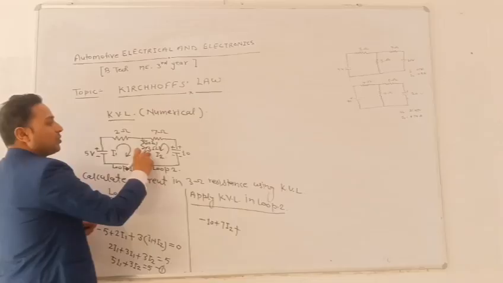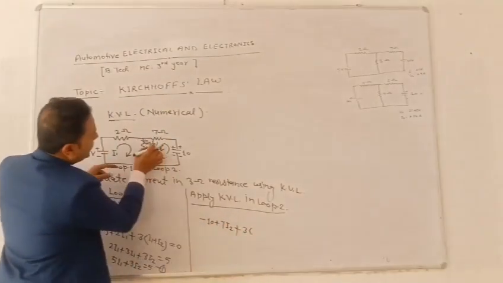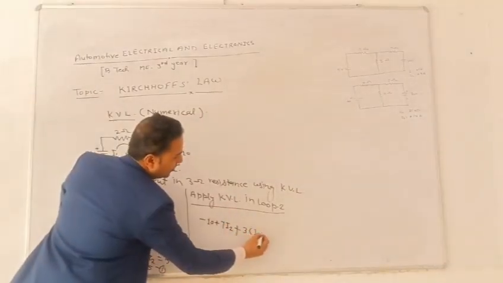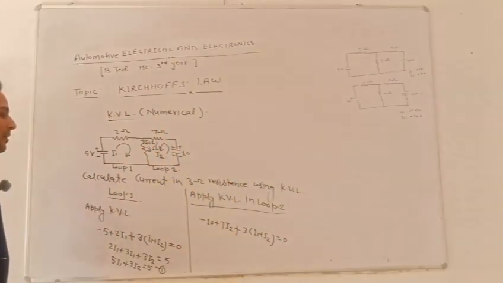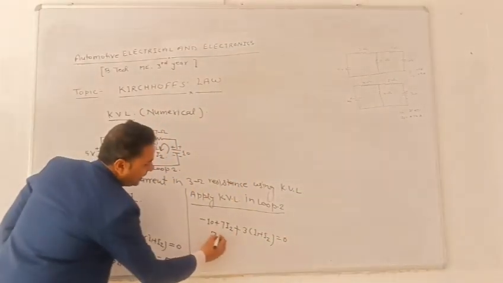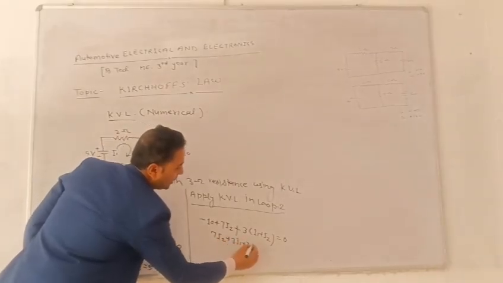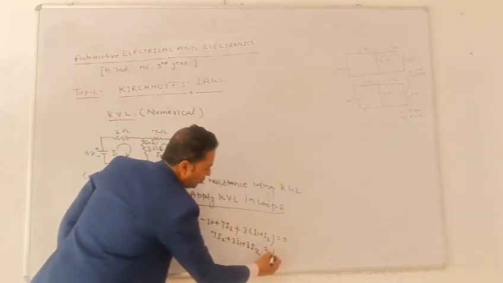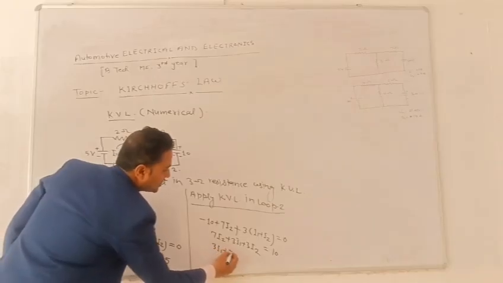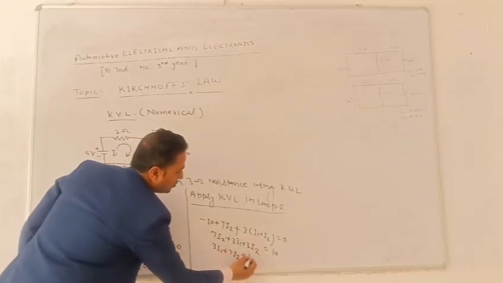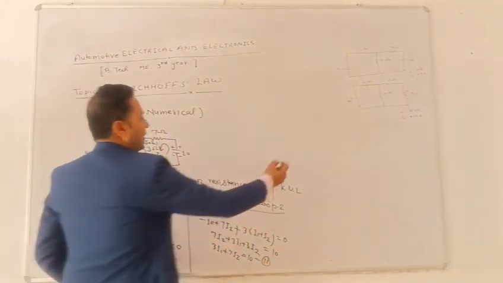Similarly, plus voltage drop across the 3 ohm resistance, 3 times total current I1 plus I2, equal to 0. So 7I2 plus 3I1 plus 3I2 is equal to 10, means 3I1 plus 10I2 is equal to 10. Equation number second.